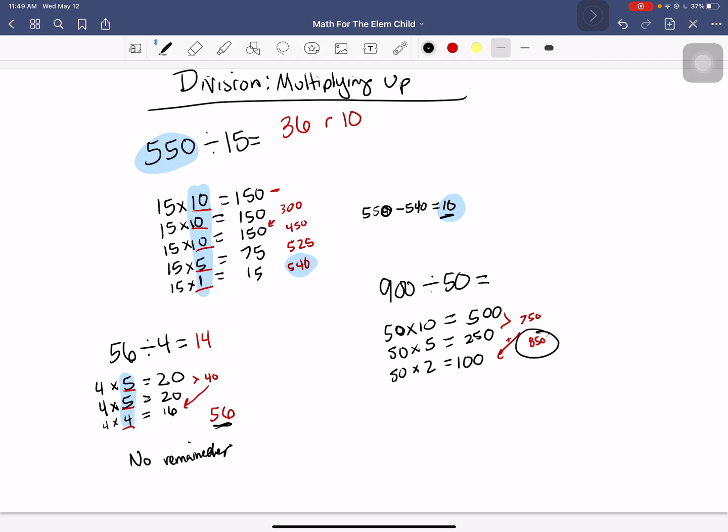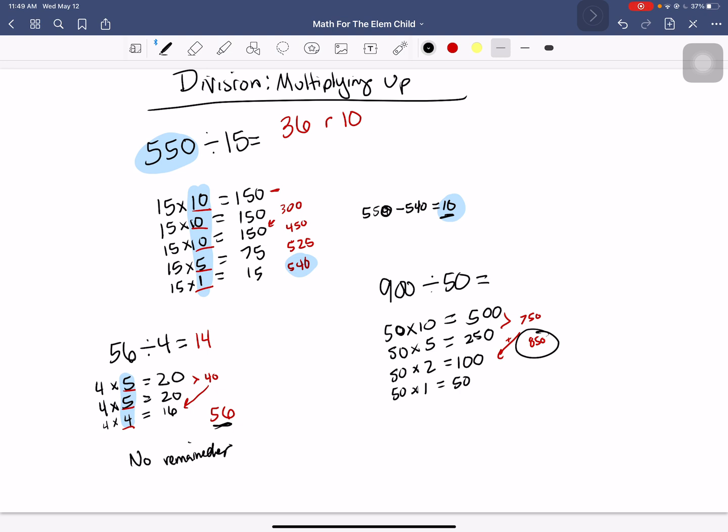So let's do 50 times 2 again to get 100. And that's too many right now. We would have 950. That's 50 too many. We just need 50. So let's multiply 50 by 1 to get 50.